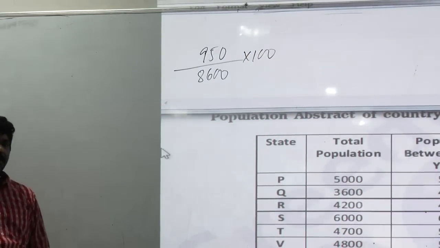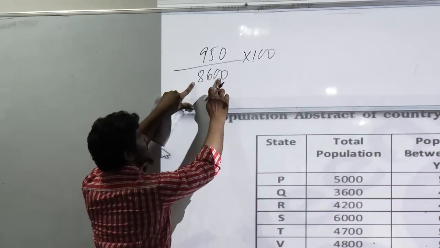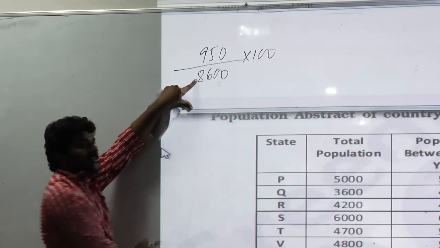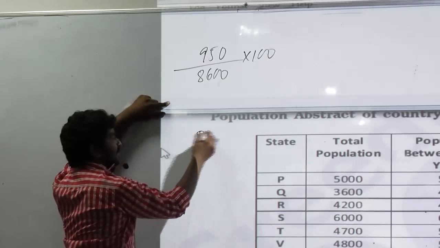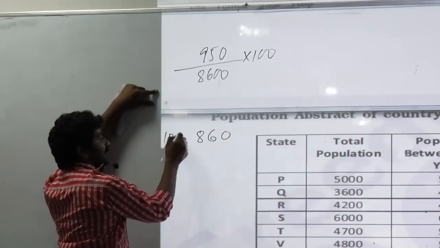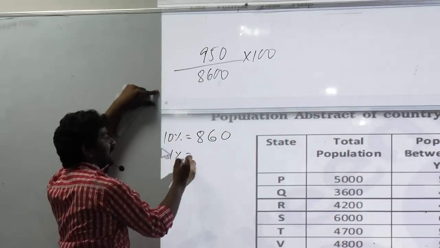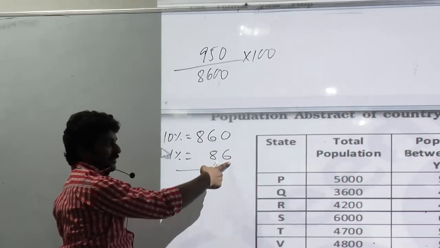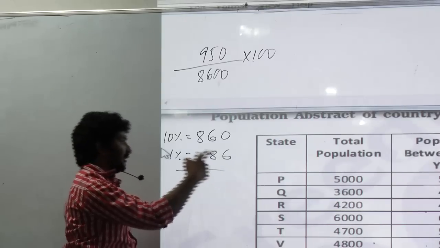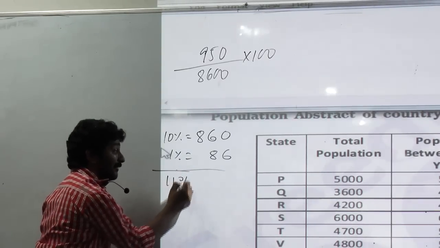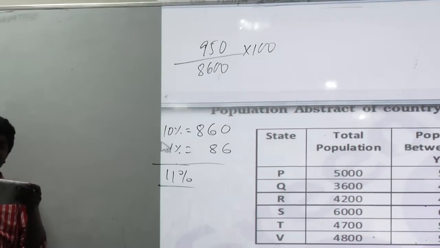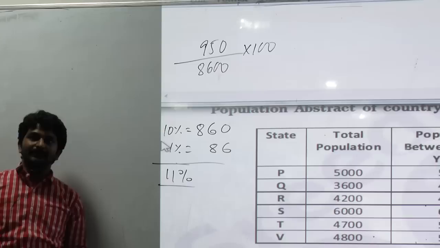We'll get the answer from the denominator. 10% is 860, but you have 950. 950 is how much more than 860? 90. Yes or no? This is 10%, and 1% is 86. You need to add 90, which is near about 86 and more than 86. So the answer should be close to 11% and more than 11%. How many options are there? Only one. 11 2 by 43%.